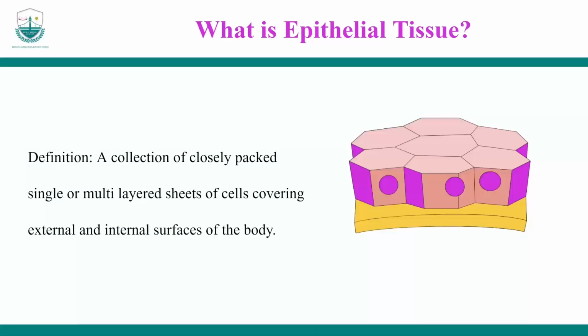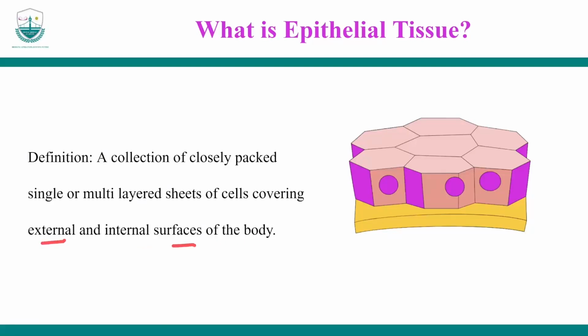So epithelial tissue is a collection of closely packed single or multi-layered sheets of cells covering external and internal surfaces of the body.